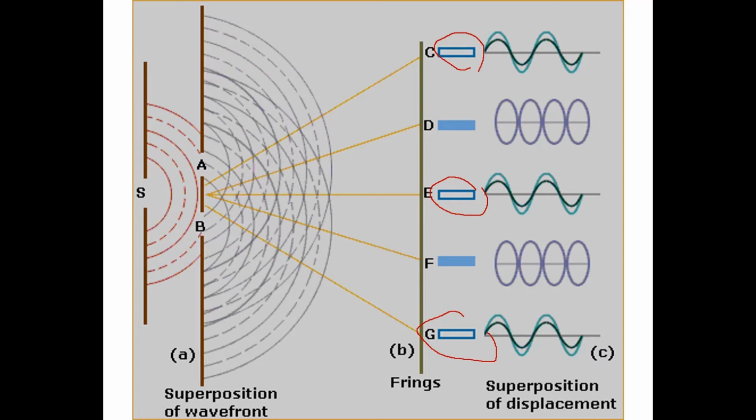So in other words, their amplitudes are adding up. We get bright spots. Where there's destructive interference, here at points D and F, we get dark spots, and they show up on the screen. Notice that the dark and bright spots alternate.